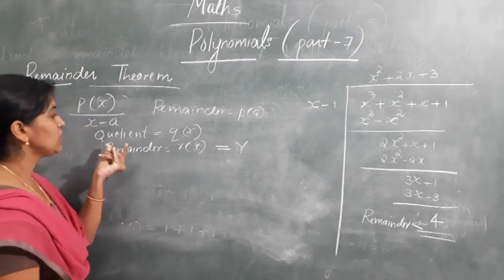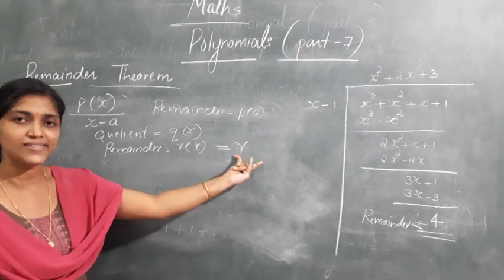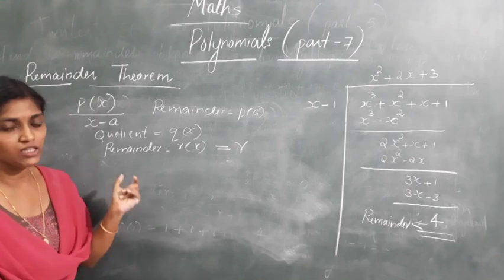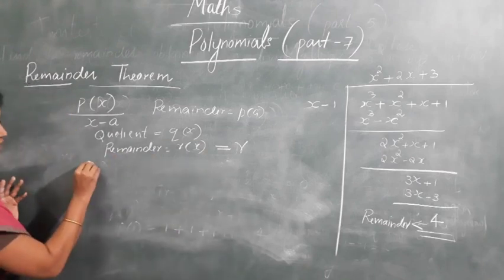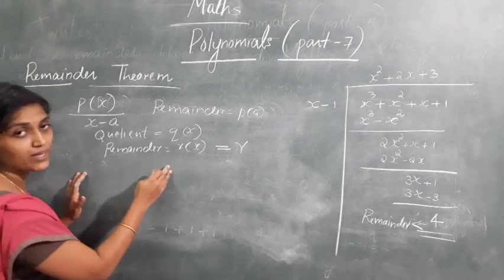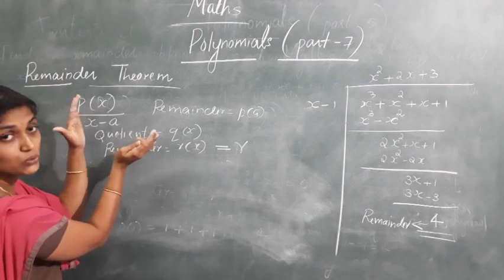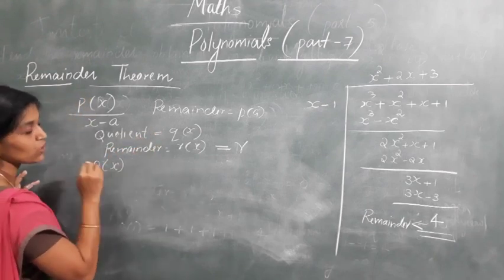So we know it has a quotient q of x, and the remainder we take as r since it is a constant. Now we know that when we divide a polynomial by another polynomial, we have the division rule. What is the division rule? Dividend is equal to divisor into quotient plus remainder. So here also we can use the division rule. The dividend was P of x.